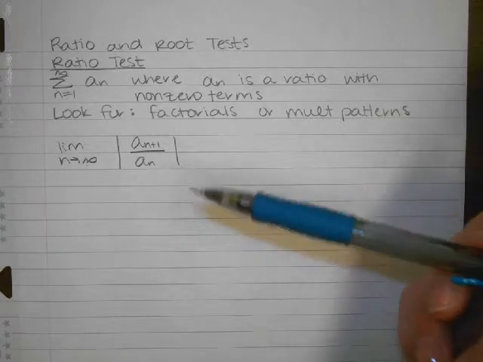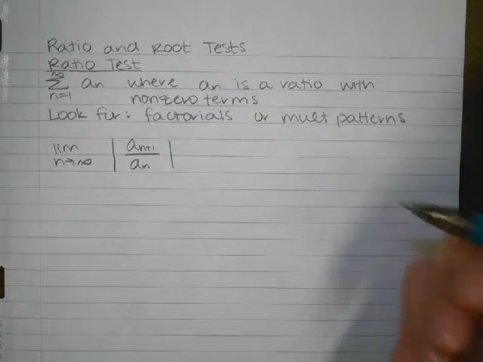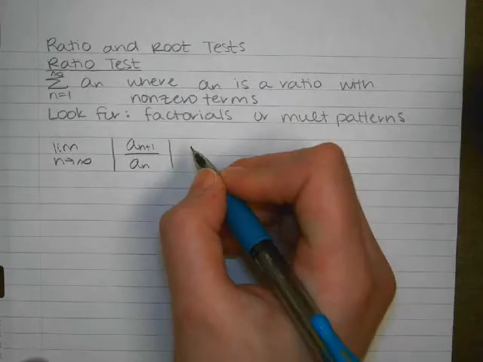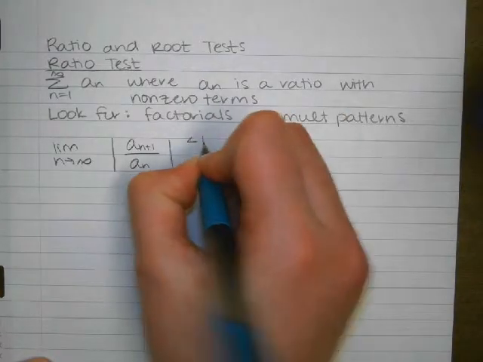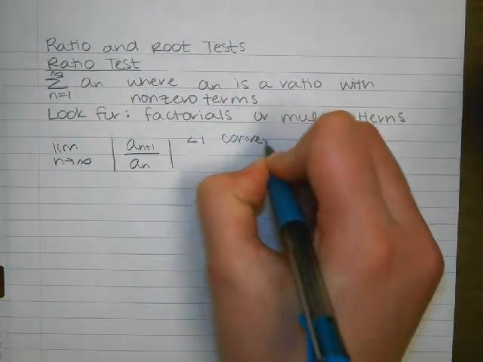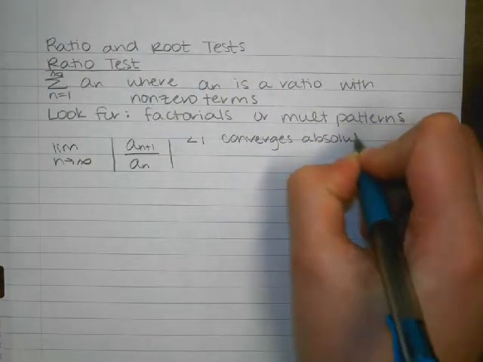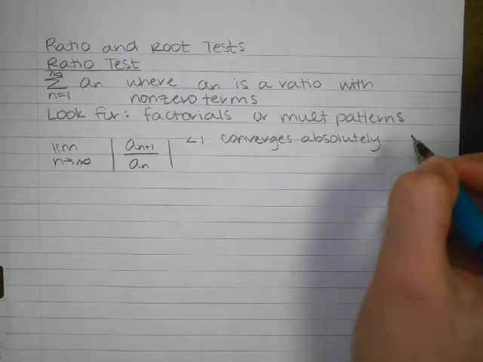And we have three different types of conclusions that we can get based on what the evaluation of the limit is. So if we get a limit that is less than 1, then our conclusion is that it converges absolutely, and we actually say converges absolutely. We use those words.